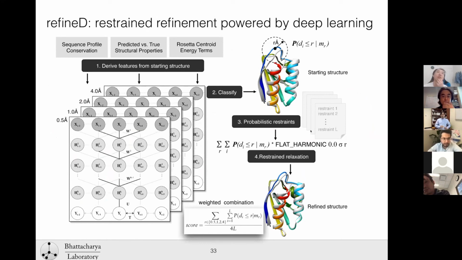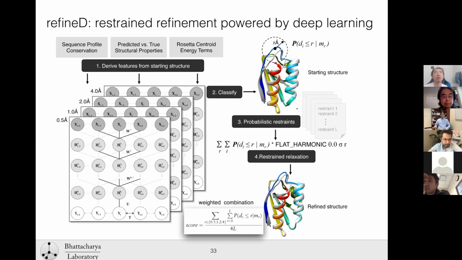Yeah. Sure. So the contribution of deep learning is really to predict the probabilistic restraint. And after that, we use a very standard Rosetta fast relax. So the actual sampling is really dealt with by Rosetta fast relax. And going back to your question on the flat harmonic, this is actually a standard score function in the Rosetta suite. So what we did is we plugged the restraints that are predicted from deep learning into the Rosetta scoring function.